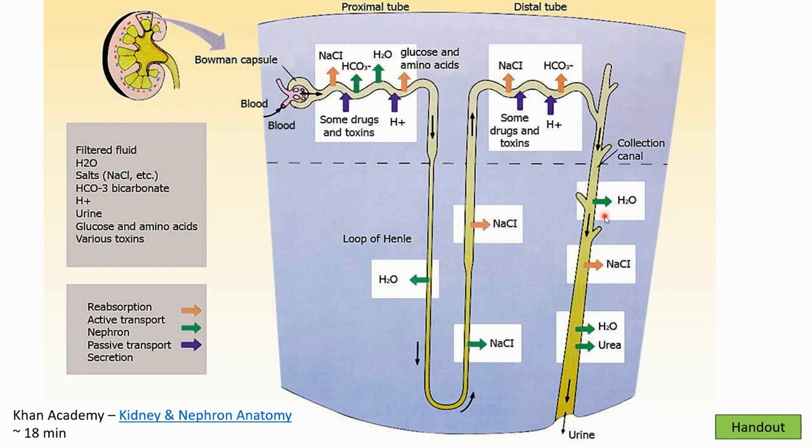Understand that what is controlling water leaving the collecting duct is going to be your antidiuretic hormone, also known as vasopressin, right? So antidiuretic hormone, if it is present, is going to open these channels right here and allow water to exit, which means that's going to decrease urine volume, right?